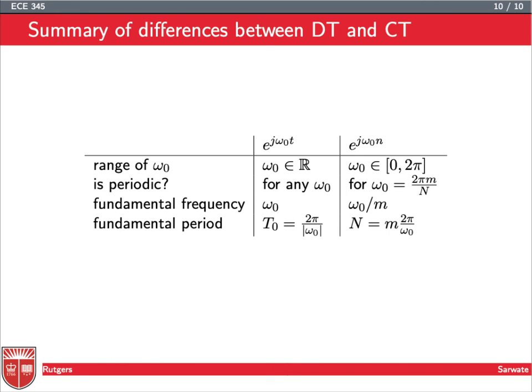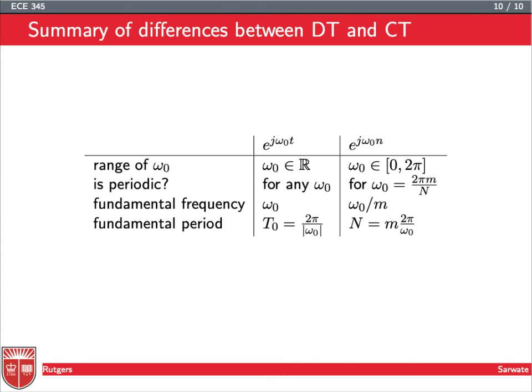So, what are the differences between discrete time and continuous time? Well, for complex exponentials, in continuous time you can have any frequency, and in discrete time you can have only frequencies between 0 and 2 pi, or minus pi and pi. Complex exponentials in continuous time are always periodic, whereas in discrete time you have to have this special integer condition: omega naught over 2 pi has to be a rational number, and so capital N, the period, has to be an integer.